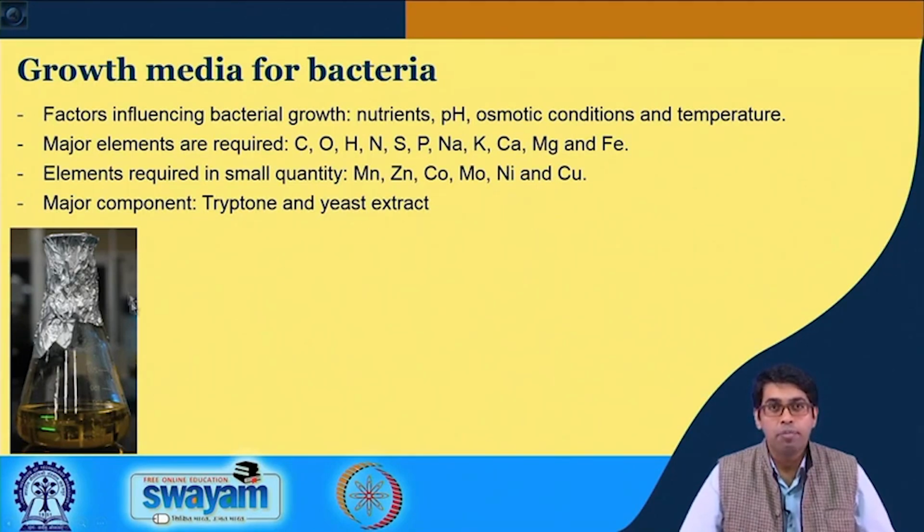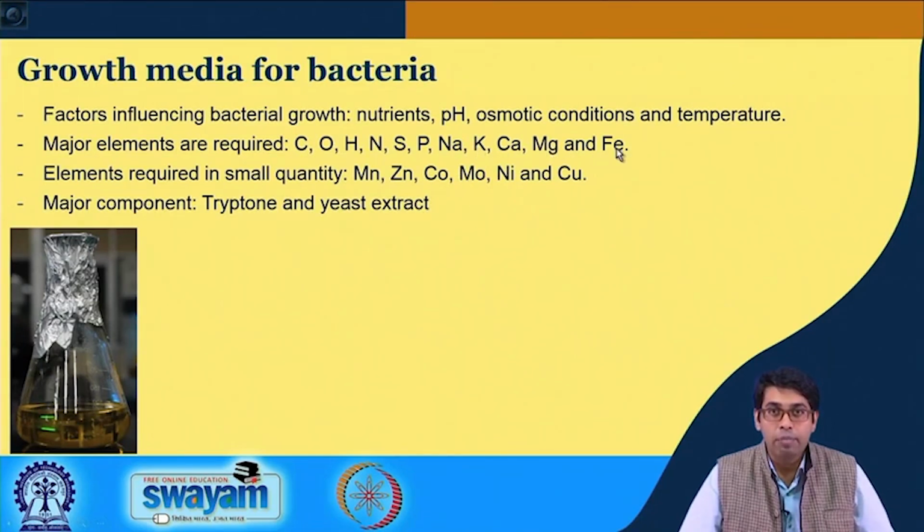In this media, the major elements are carbon, oxygen, proton, nitrogen, sulfur, phosphorus, sodium, potassium, calcium, magnesium and iron. These 6 elements are used to make the macromolecules such as protein, nucleic acids and sugars, polysaccharides.